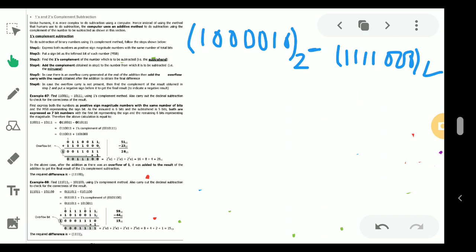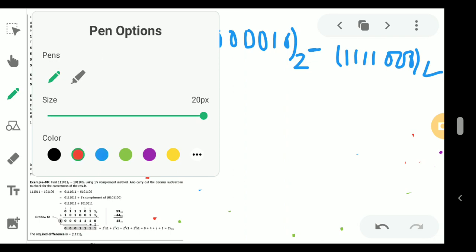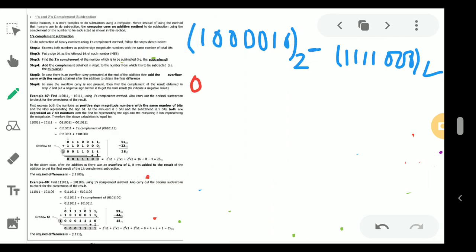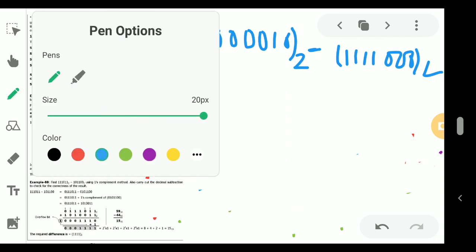So then there is no need to add any extra bit, but we have to make both the numbers positive. For that reason, we add an extra 0 bit over here, and the rest of the bits will be the same.